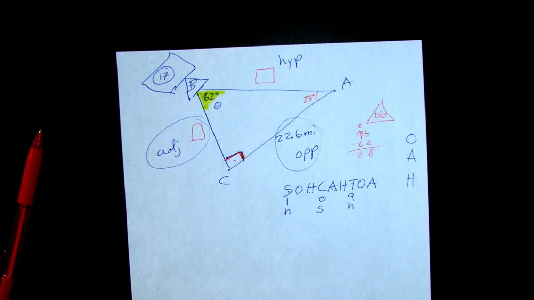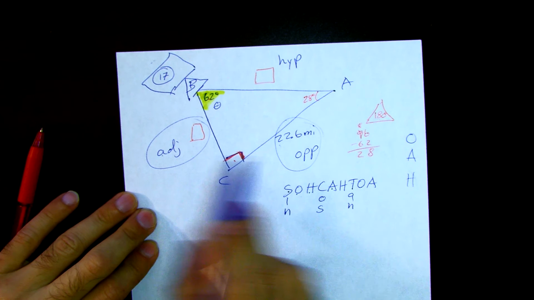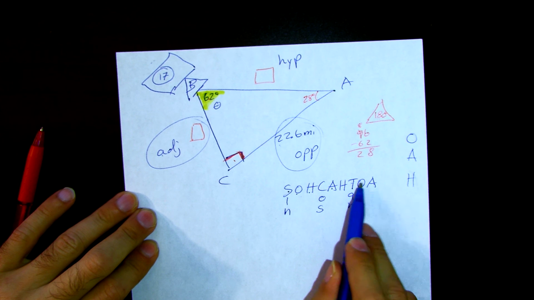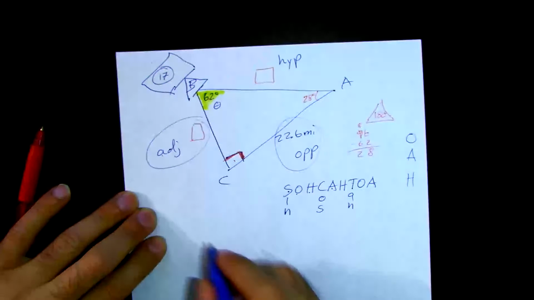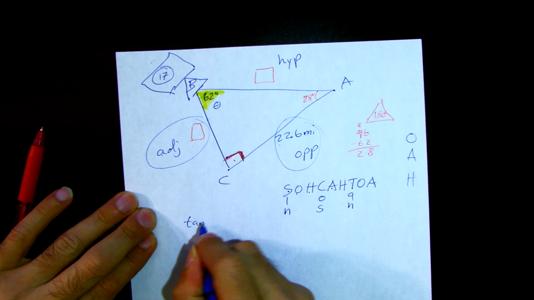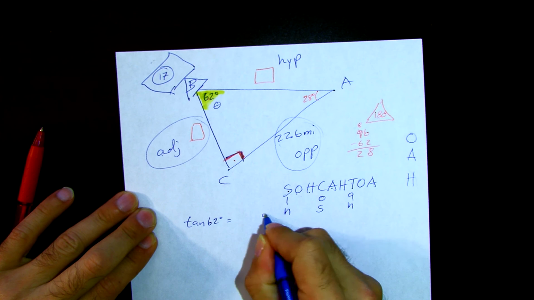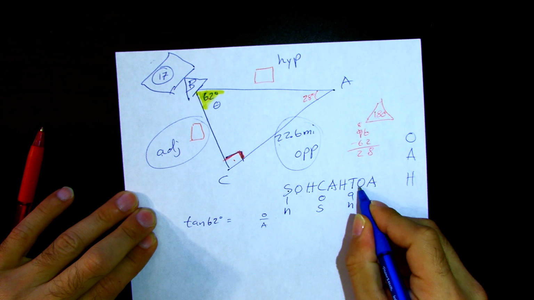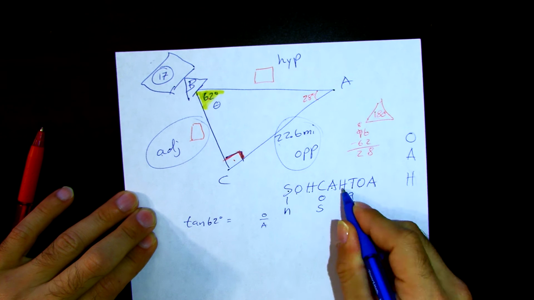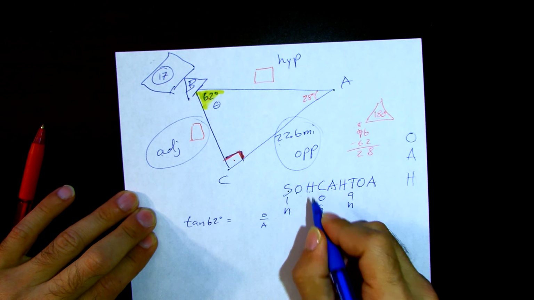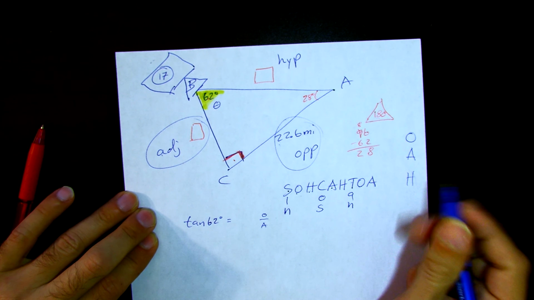For this one, I'm going to use the tangent because it's adjacent and opposite. So watch, tangent of 62 degrees is equal to the opposite over the adjacent. The letters tell you what goes first and what goes next.